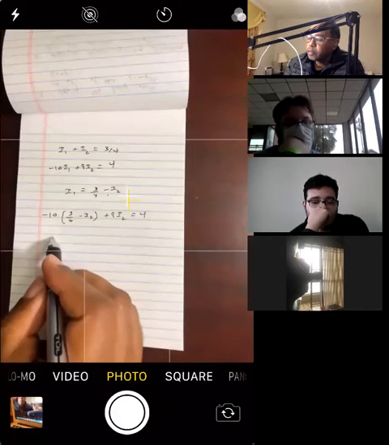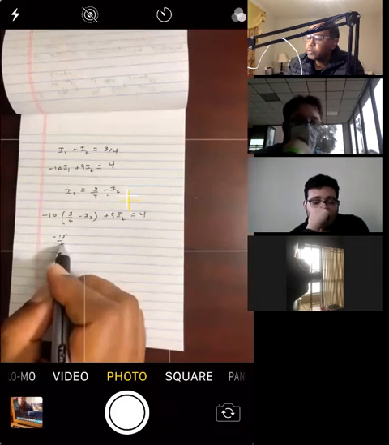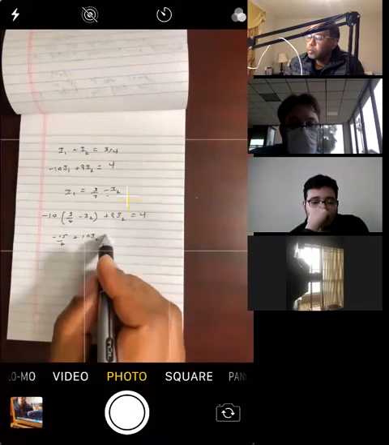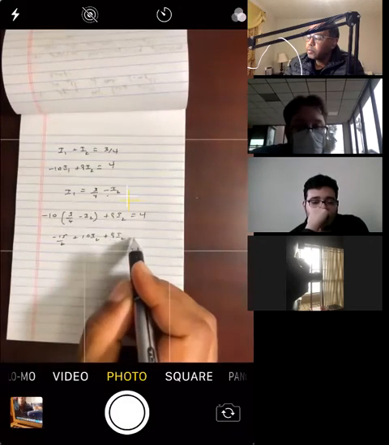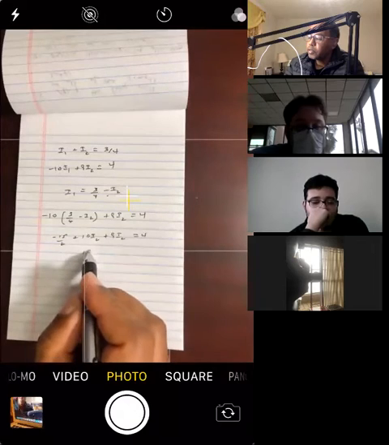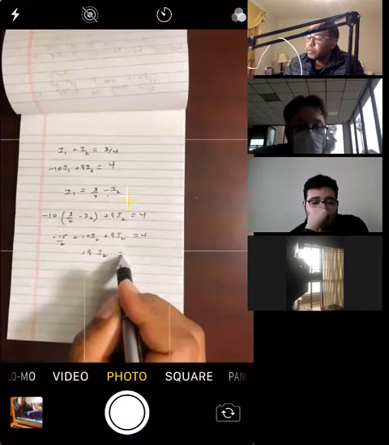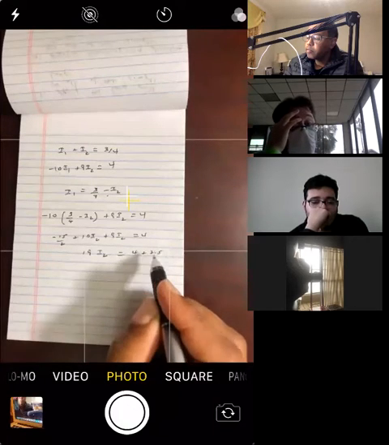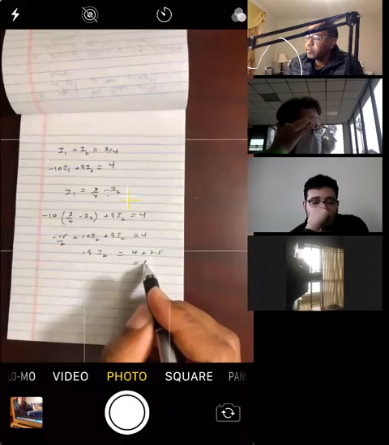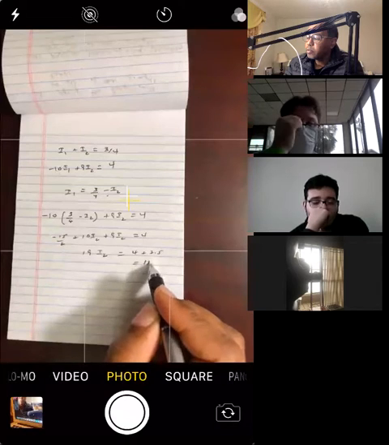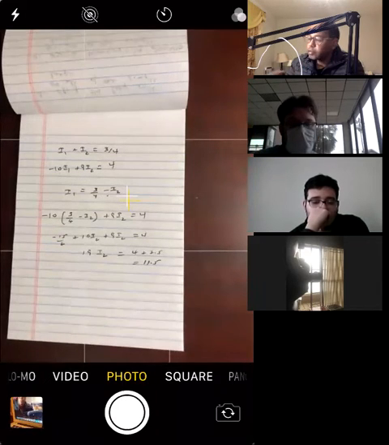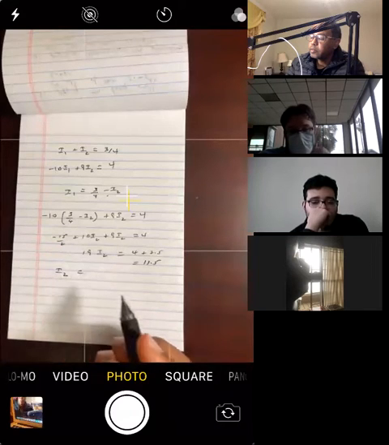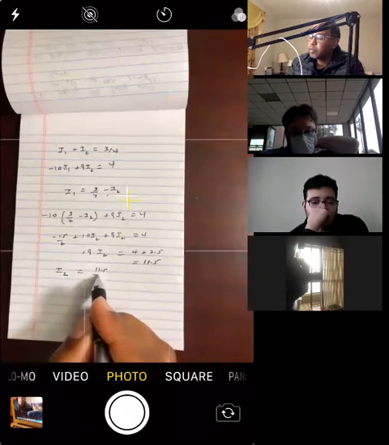This is negative 15 over 2 plus 10I2 plus 9I2 equals 4. So you've got 19I2 is 4 plus 7.5, which is 11.5. So I2 turned out to be positive. This is 11.5 divided by 19.